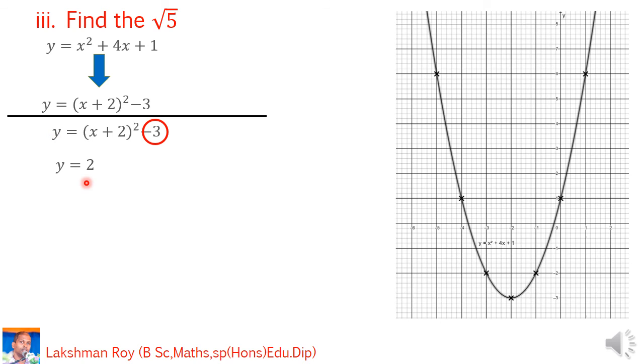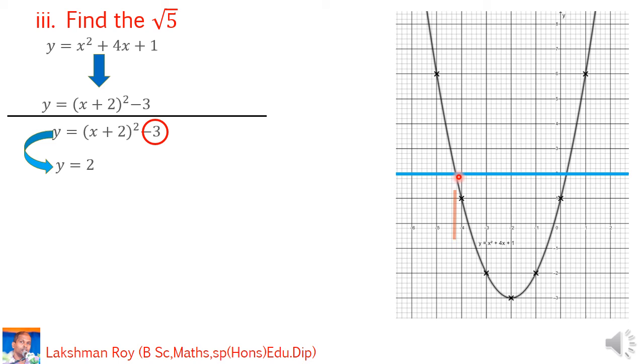So if you draw the y equal 2 line, right? What is the y equal 2 line? You can see here the y value is 2. This is the y equal 2 line. In this quadratic function and this straight line, the intersecting points are these 2 points. What are the x values?